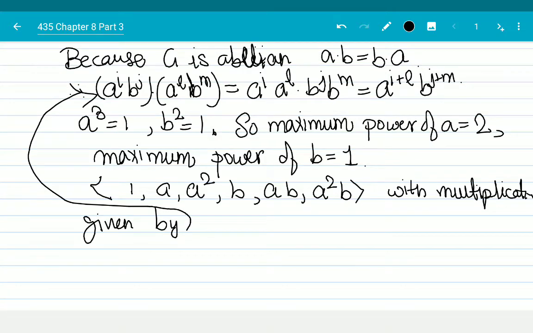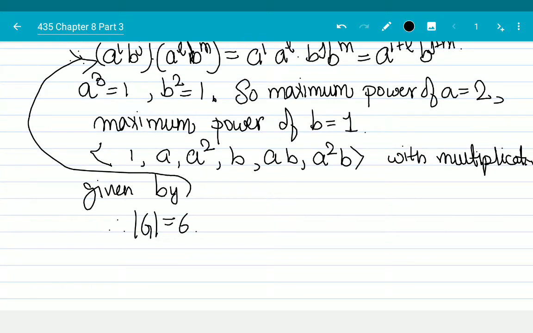Okay, so this is my group. There are 6 elements. Therefore the order of G is equal to 6. Question: is it cyclic? Well, obviously I can't generate B from A squared or 1. B squared is 1, so I can't generate A.